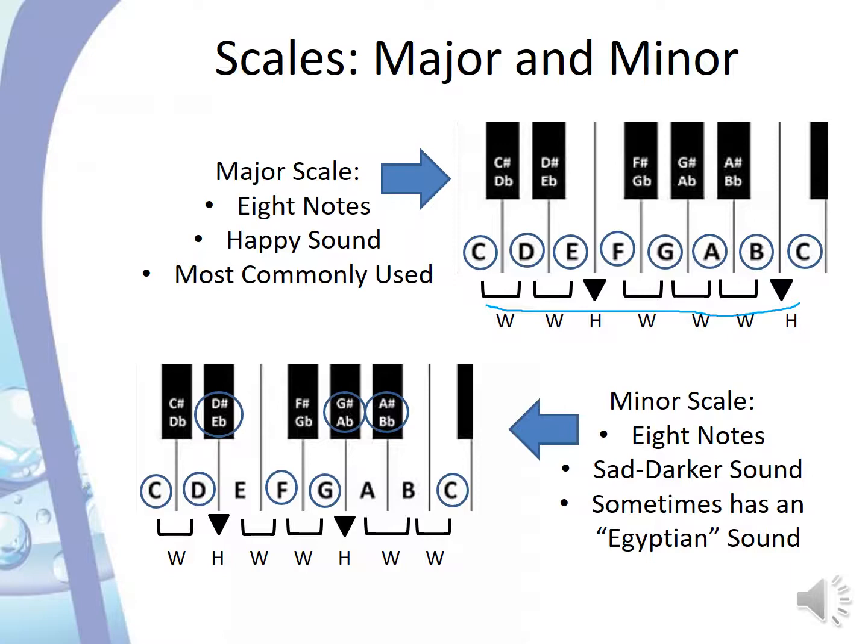When comparing the major scale to the minor scale below, it is also 8 notes, but because it has a different order of steps, now it has a sadder or darker sound. On occasion, it may even have an Egyptian sound due to the fact that it has a large jump at the end.